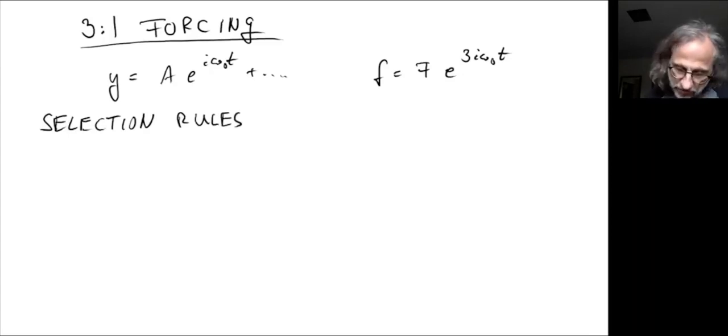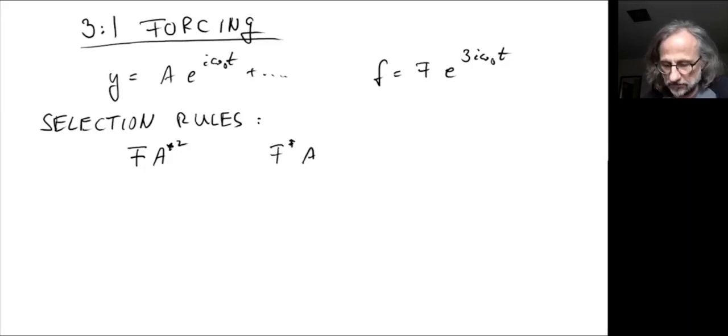If you look at the leading orders in F, there's a term that could be an F. Well, the selection rule requires if there's an F, it has to be an A star squared. And you could also have a term F star, but it would require a term A to the 4th.